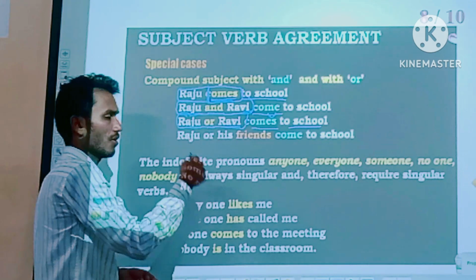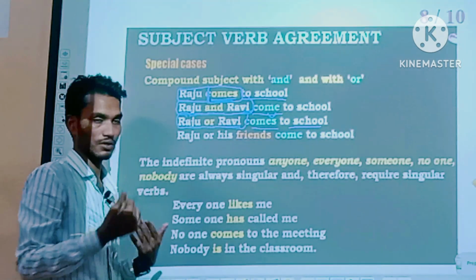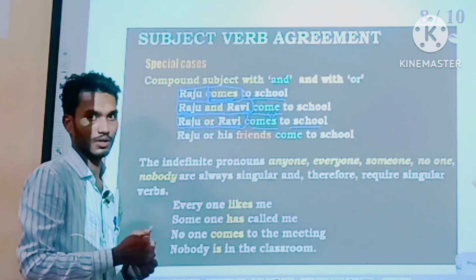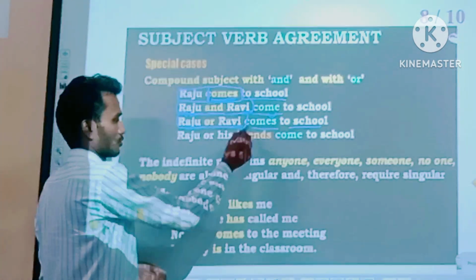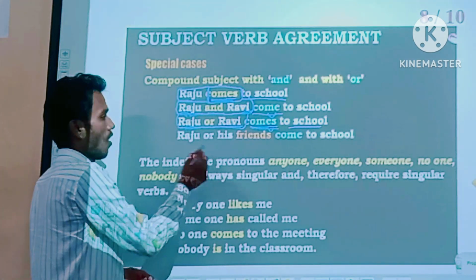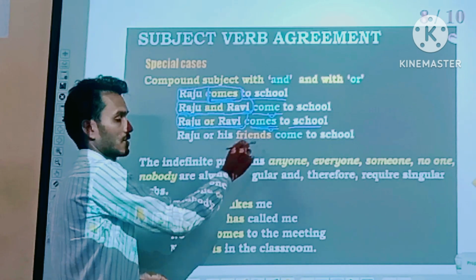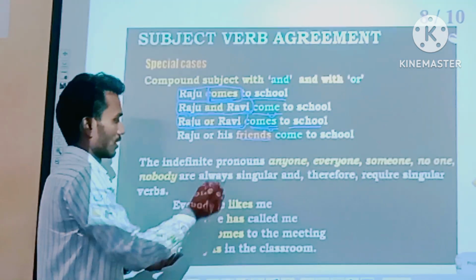Raju or Ravi, we are not sure whether Raju comes or Ravi comes, right? That's why the subject is singular, so the verb should be singular. Then Raju or his friends, it's not a friend, right?